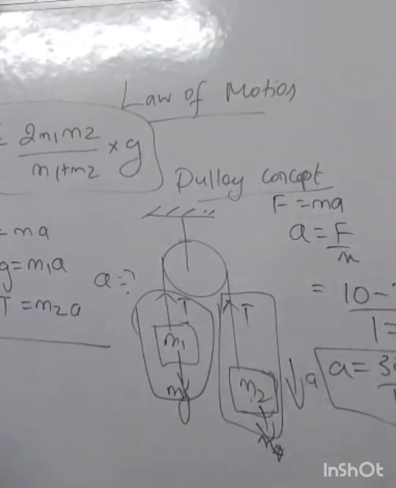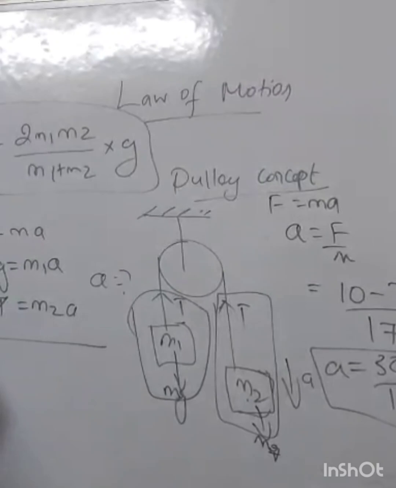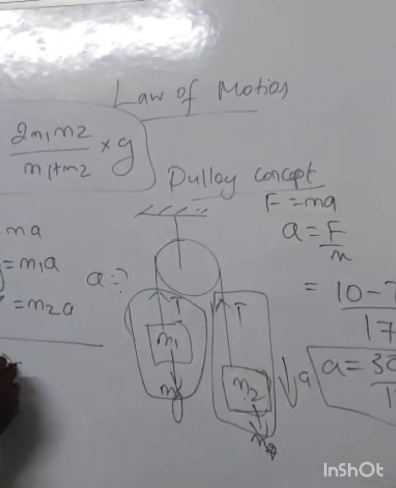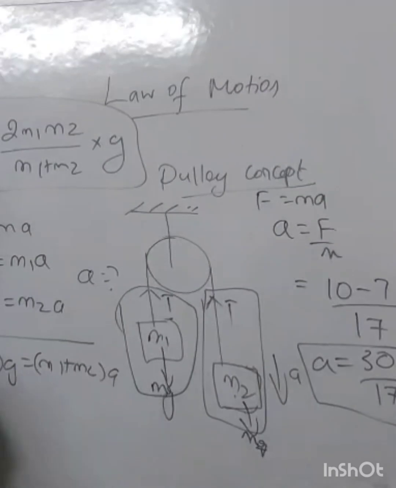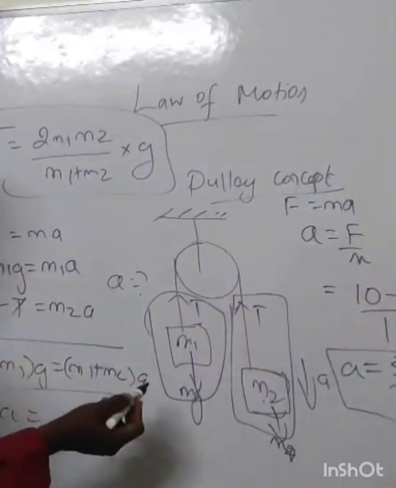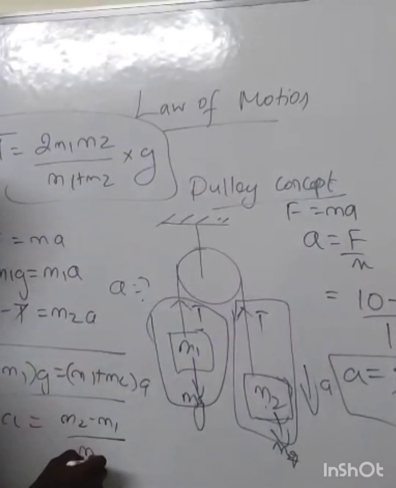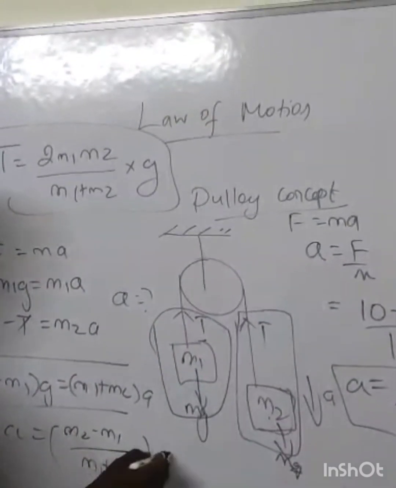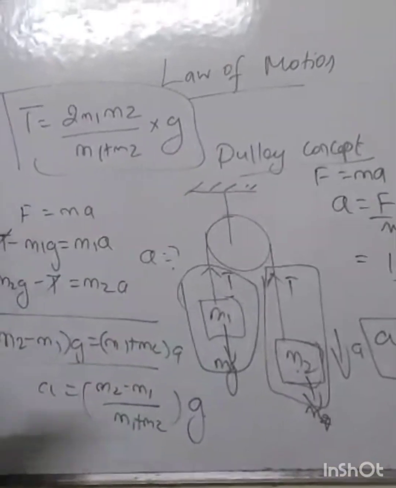By solving these two, m2 minus m1 into g is equal to m1 plus m2 into a. That means the acceleration is m2 minus m1 divided by m1 plus m2, into g. In that way we get the derivation.